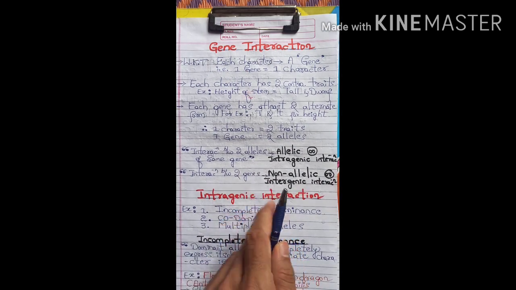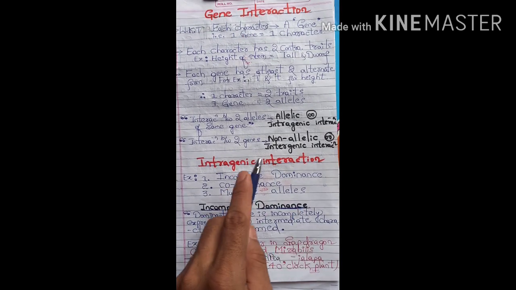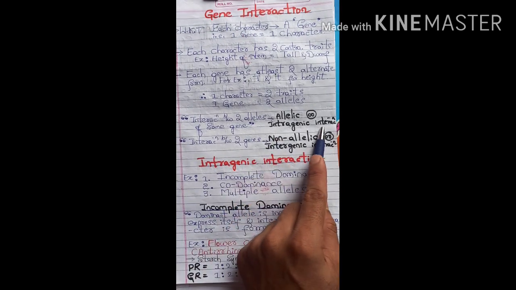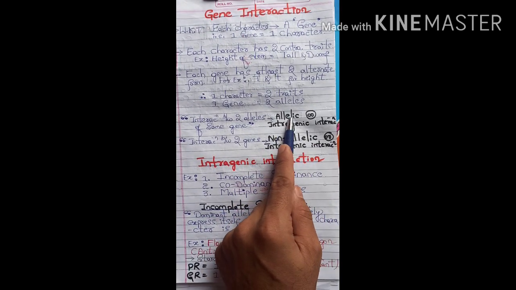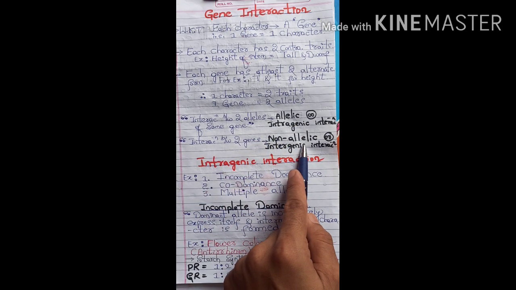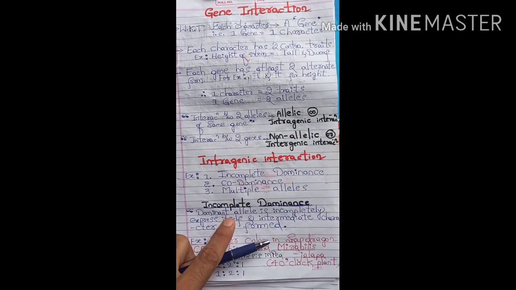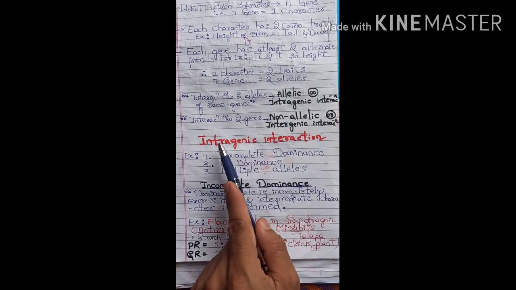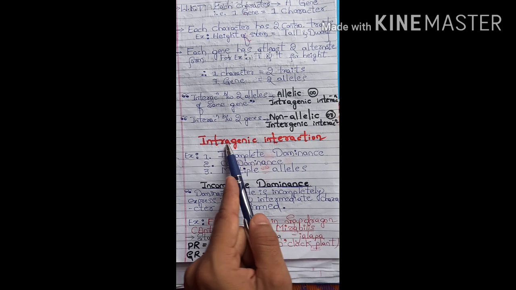In today's topic we are going to study only the intragenic interaction or allelic interaction. In the next video I am going to tell you in detail about the non-allelic interaction. As I told you, intragenic means, intra means within, and within means same.